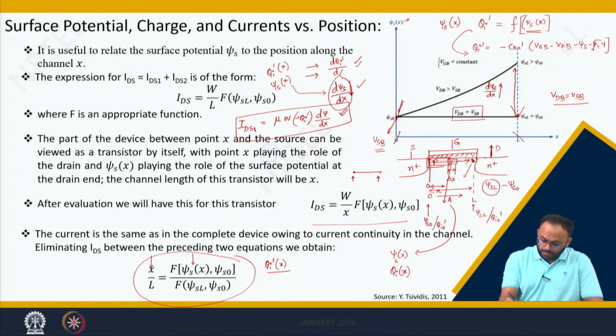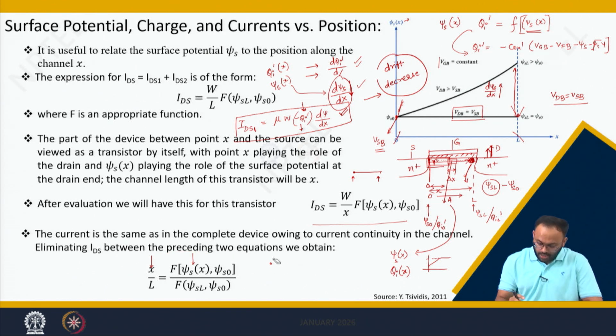However, at the same time the inversion charge decreases, because when you are increasing VDB, this side surface potential is pinned to the psi SA value. It means the inversion charge approaches 0. So, the dominant factor is Qi dash, which is approaching 0, and hence you can figure out that the drift component along the channel will decrease.